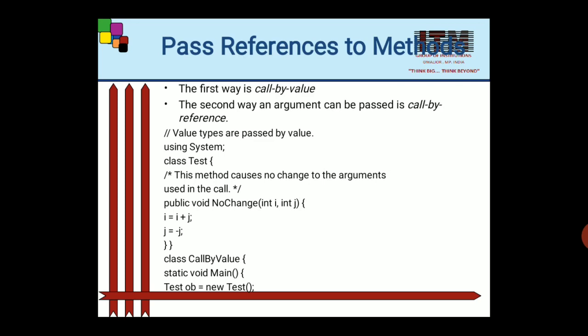So when you pass this reference to a method, the parameter that receives it will refer to the same object as that referred to by the argument. This means that objects are passed to methods by what is effectively call by reference, and changes to the object inside the method do affect the object used as an argument.